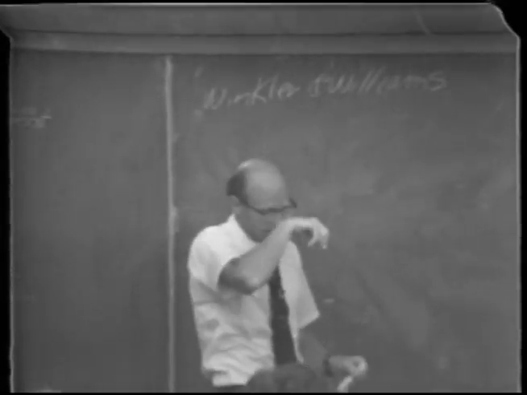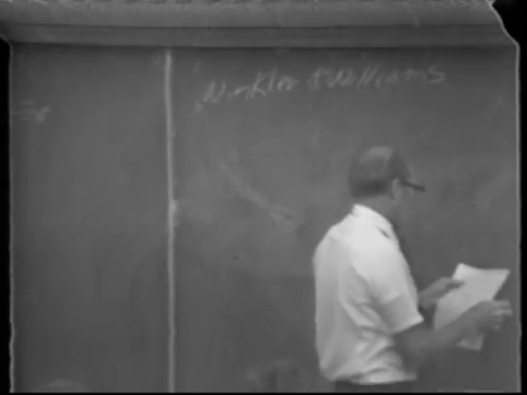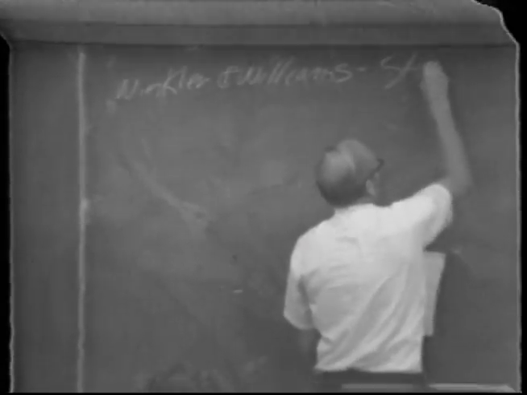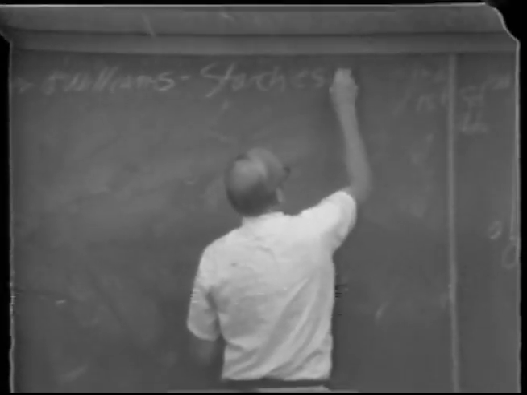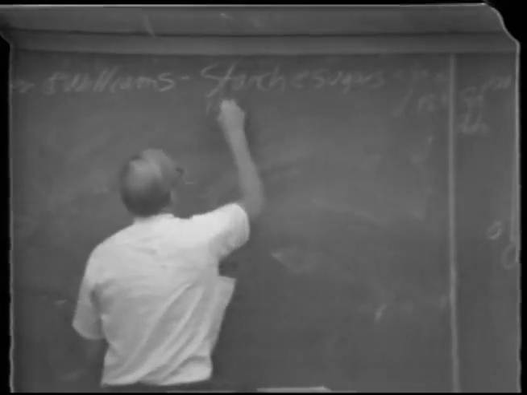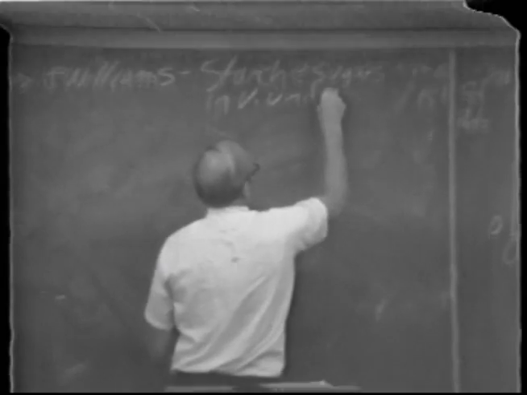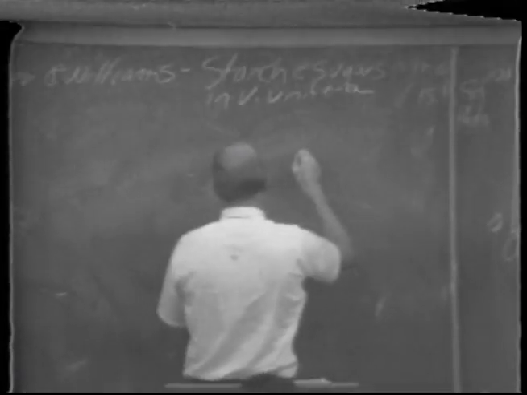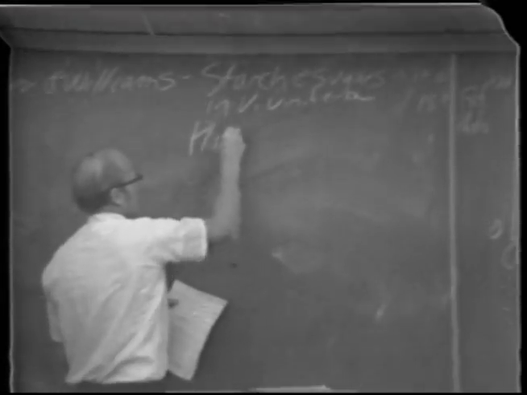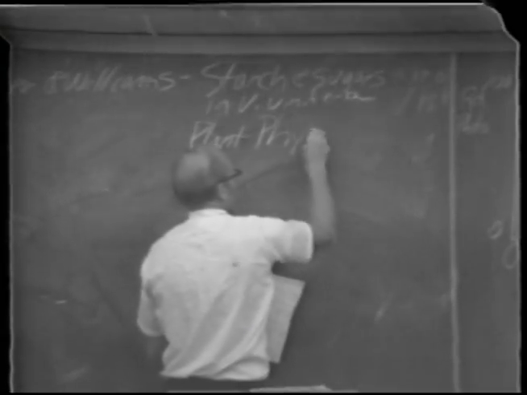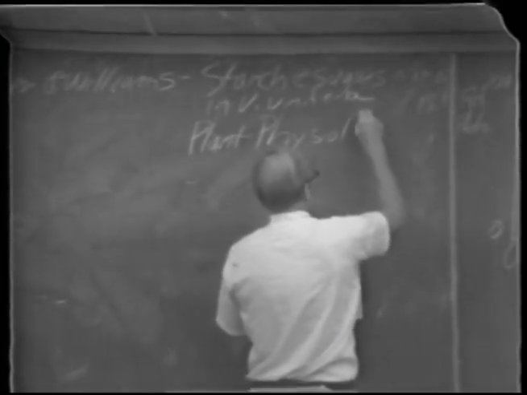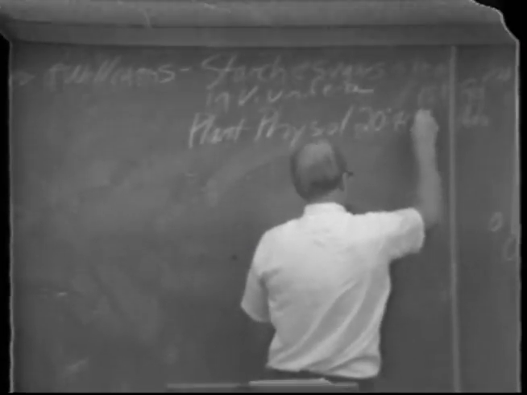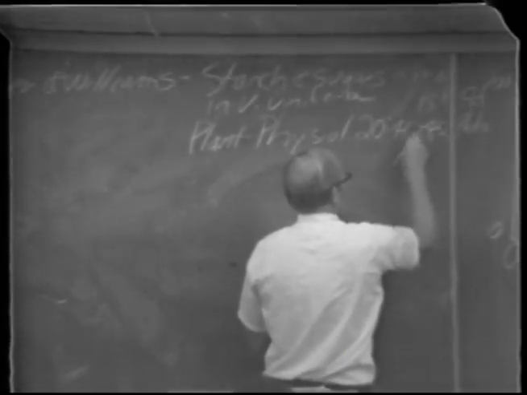And we used to assign this as reading, but I don't think we're going to do that now. This is titled Starch and Sugars in Vitis vinifera, Plant Physiology, Volume 20, pages 412 to 432, 1945.